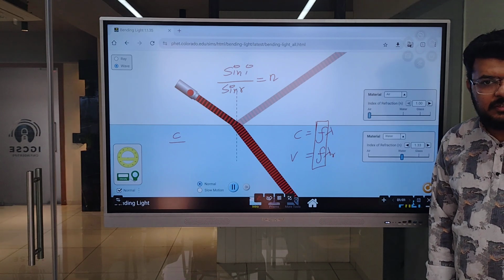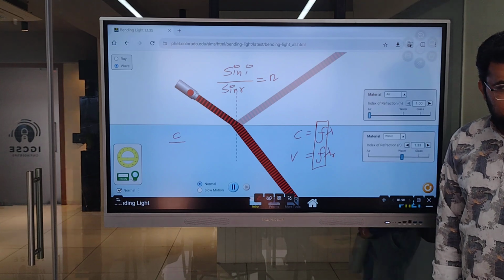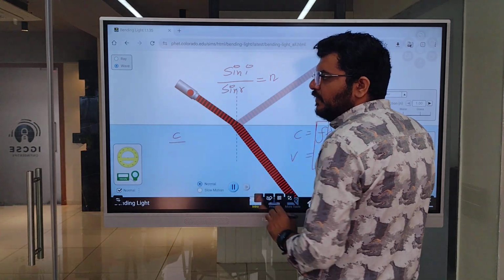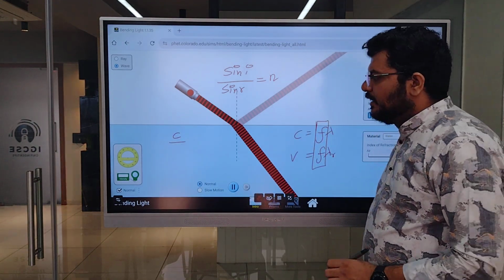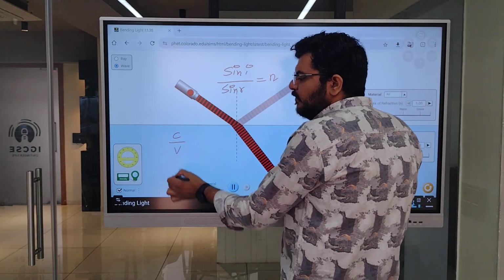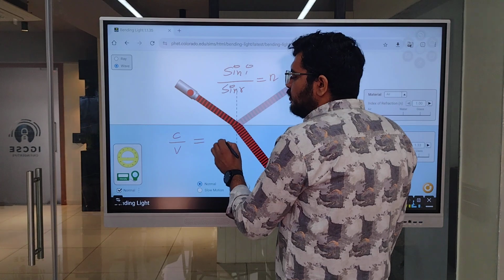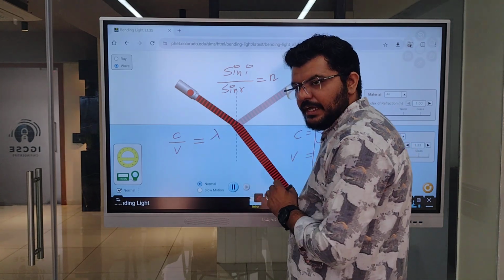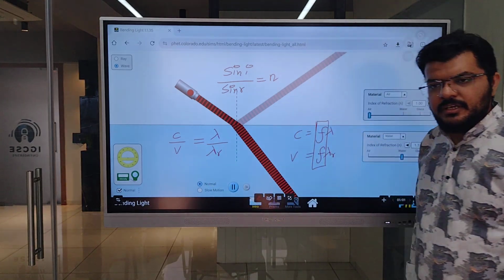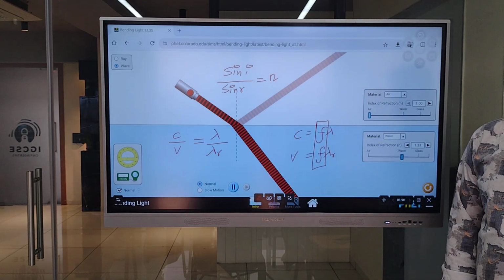Frequency only depends on the source of the wave. So frequency cannot change. So can I write the speed of light in vacuum or air divided by the speed of light in that particular medium is equal to the wavelength of light divided by the wavelength of light in that medium or wavelength after refraction?